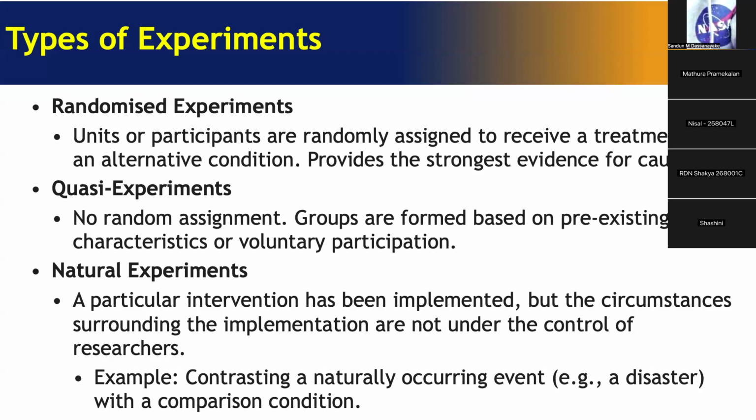And when you think about quasi experiments, there is no random assignment, right? Groups are formed based on pre-existing characteristics or voluntary participation. So in my experiment also, the one that I showed you, even in the lab experiment, we could not test all those possible particle combinations. They are very complex.